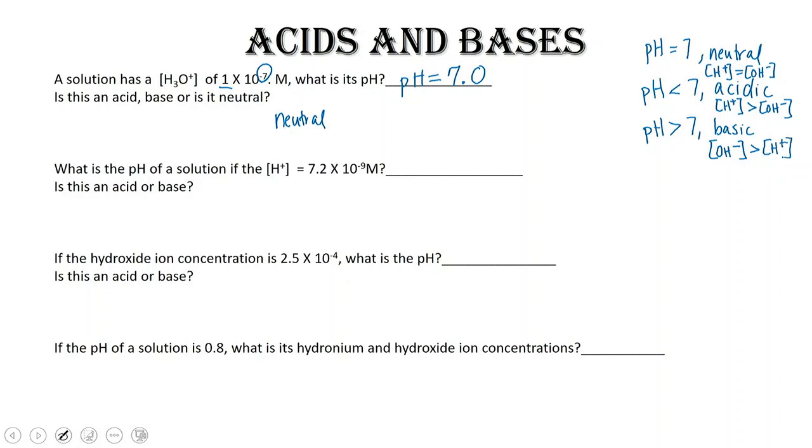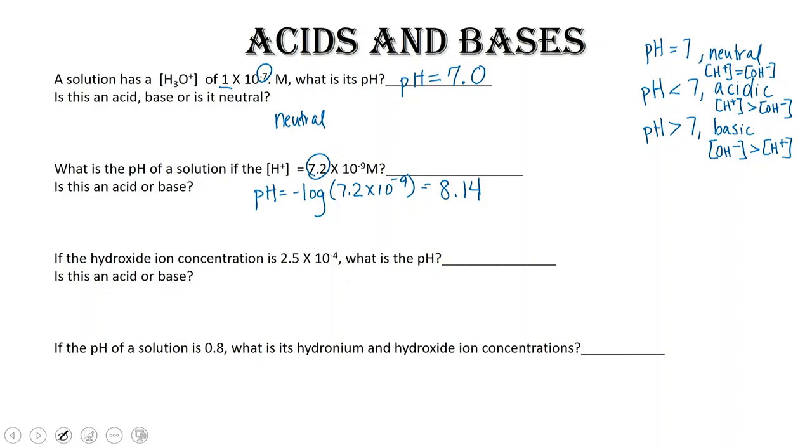Okay, let's try our second problem. What is the pH of a solution if the hydrogen ion concentration is equal to 7.2 times 10 to the minus 9? pH is equal to negative log 7.2 times 10 to the minus 9. Put that in our calculator, and I get 8.14, making sure I keep those last two digits because I've got 2 sig figs in my coefficient.